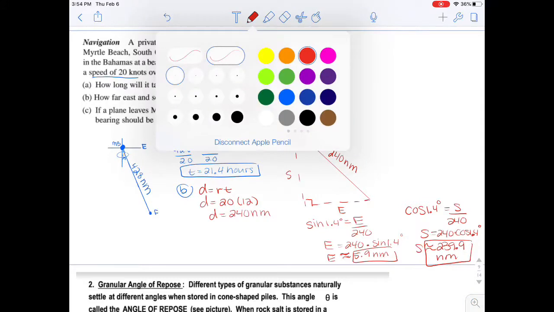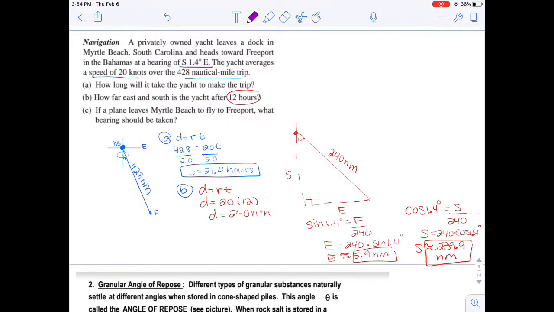So part C says if a plane is leaving, okay. So if the plane is leaving Myrtle Beach, we just talked about how air navigation is always from north and goes clockwise. So if this is me leaving Myrtle Beach, we want to figure out the bearing that it would have to travel to fly to Freeport and not take the yacht. So if I look here, I need to figure out what my bearing would be from north and then clockwise.